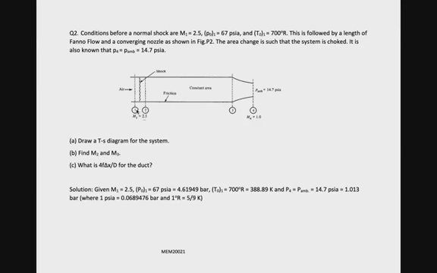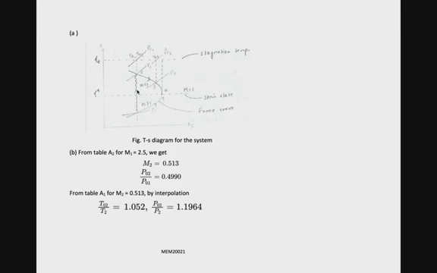Point 1 travels to point 2 with a normal shock. The normal shock is drawn as a straight line in the T-S diagram of the Fanno flow curve. As you can see, point 1 travels to point 2 through a normal shock. This is the direction of the normal shock.